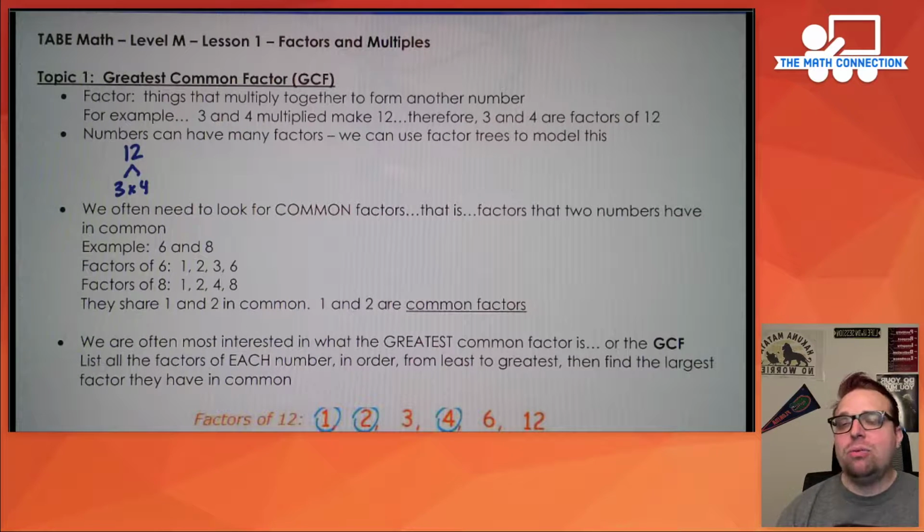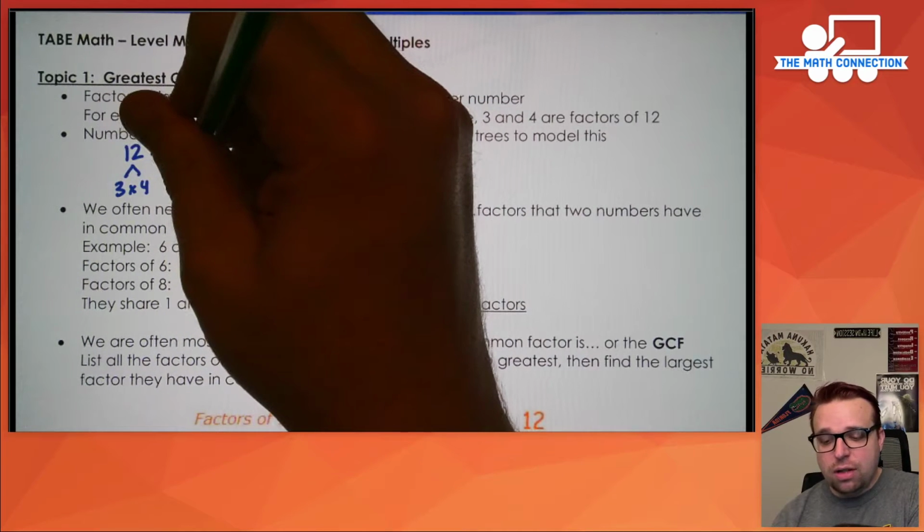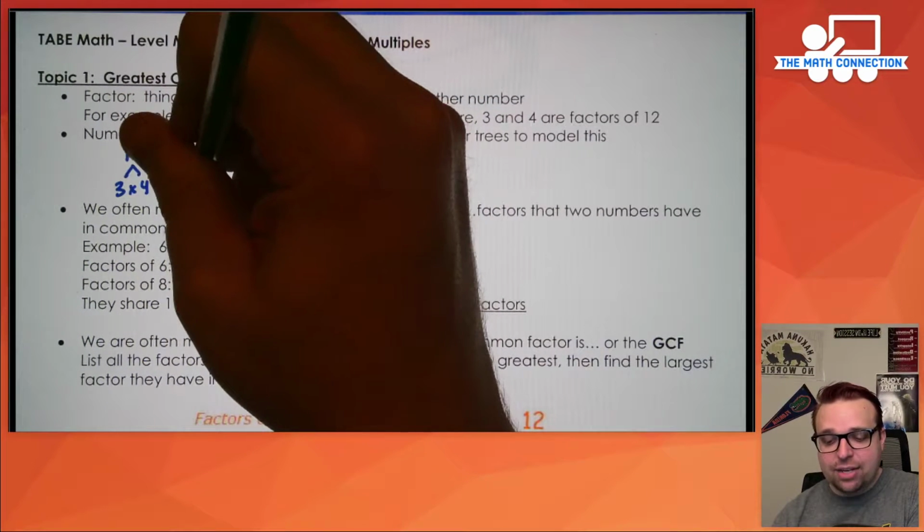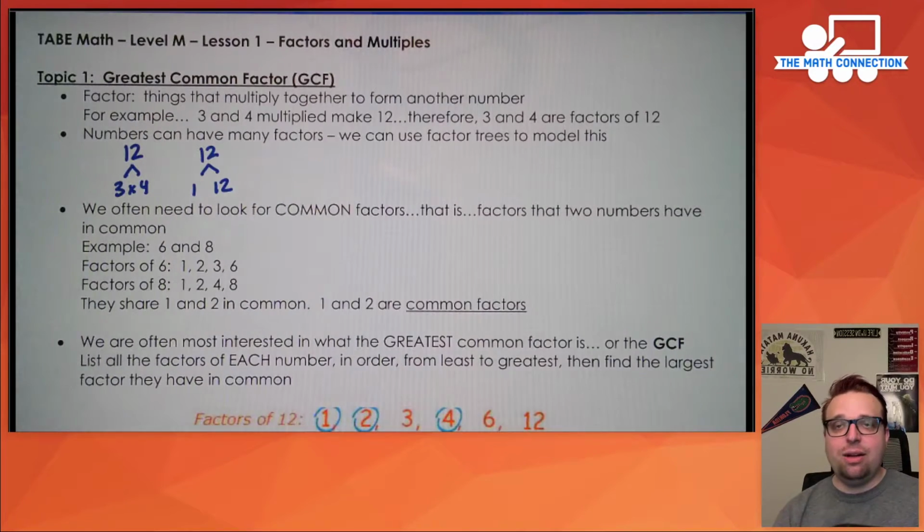So are there any other ways that you can make 12? Are there two other numbers that multiply together to make 12? The answer is yes, there are. First of all, any number has a factor of 1 and itself, because anything times 1 is itself. So 1 times 12 is 12.